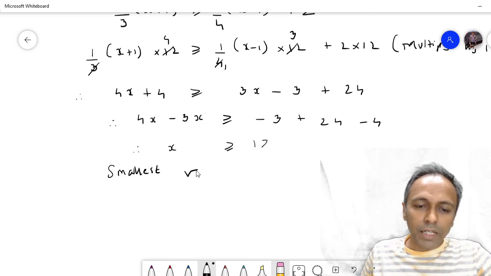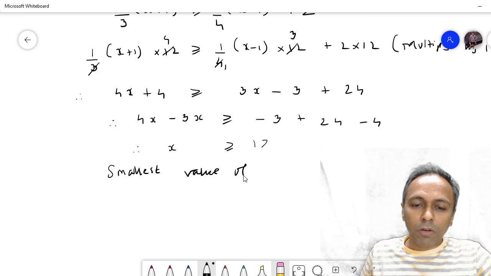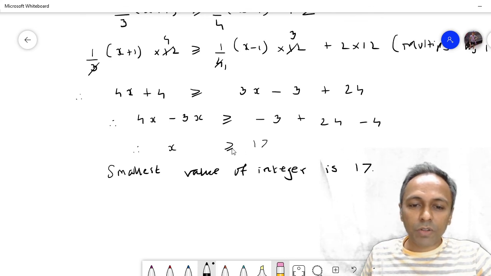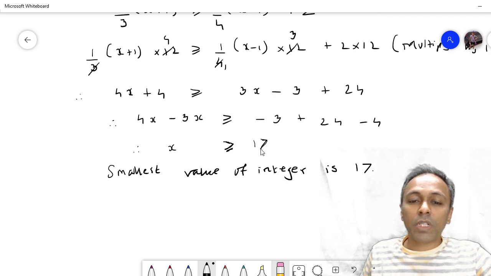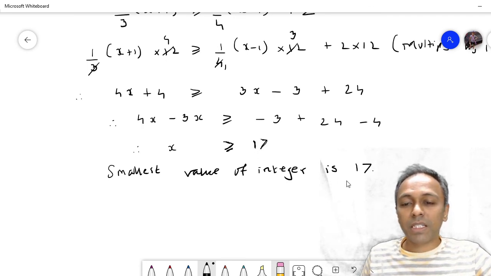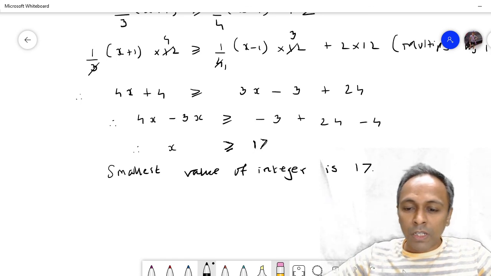Smallest value of integer is 17 because of this equality sign. So x can be greater than or equal to 17. So the smallest number possible for x is 17. I hope you have got these problems.